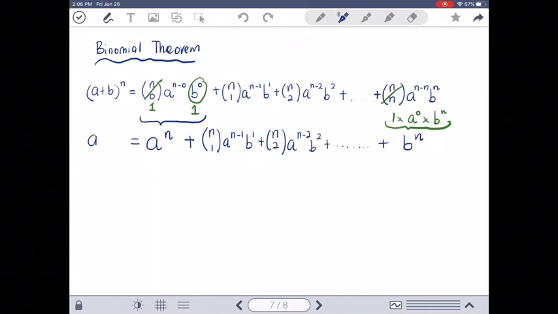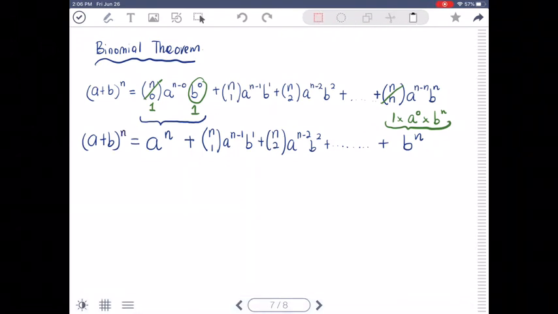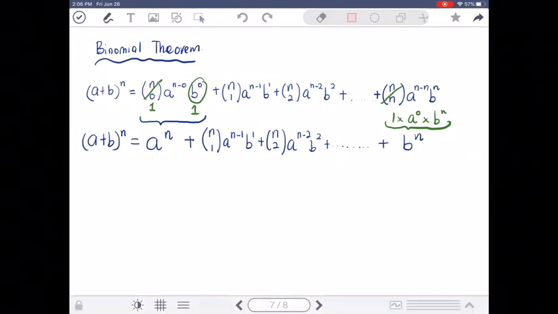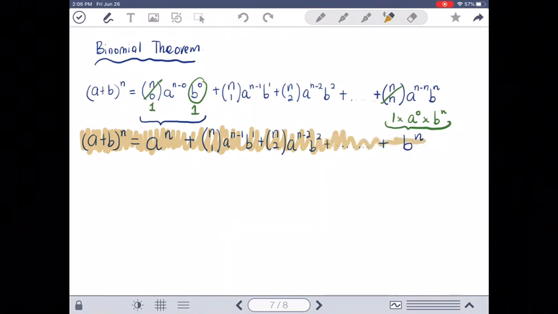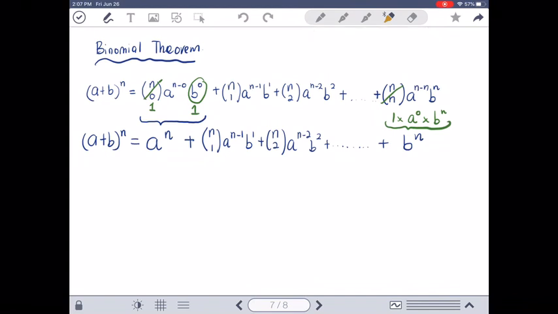So this is the binomial theorem. Okay, so let me highlight that. So we have (a plus b) to the power of n equals a. So this whole thing is the binomial theorem. Not to worry, because in your exam, this formula will be given.